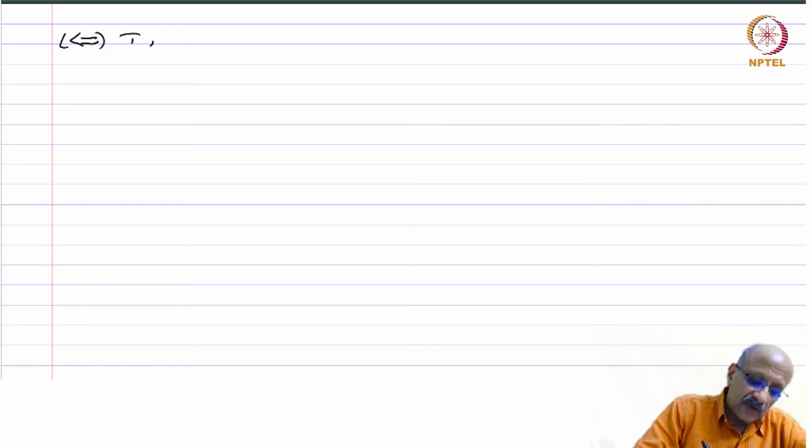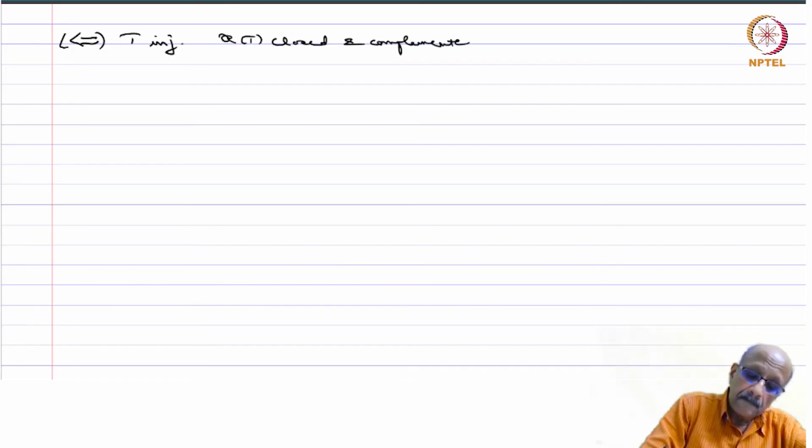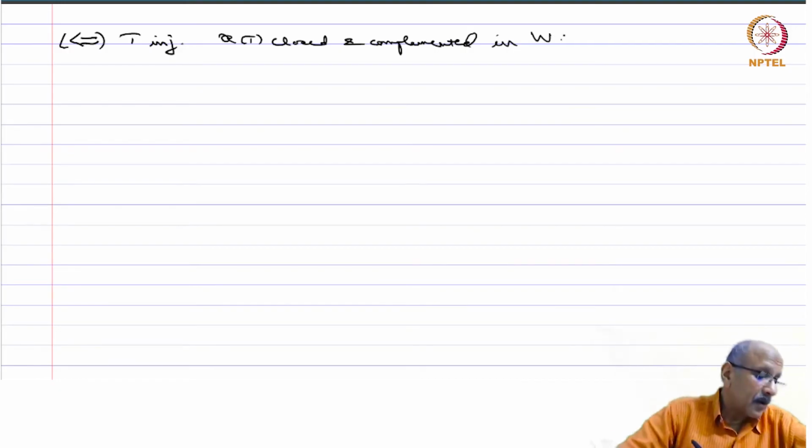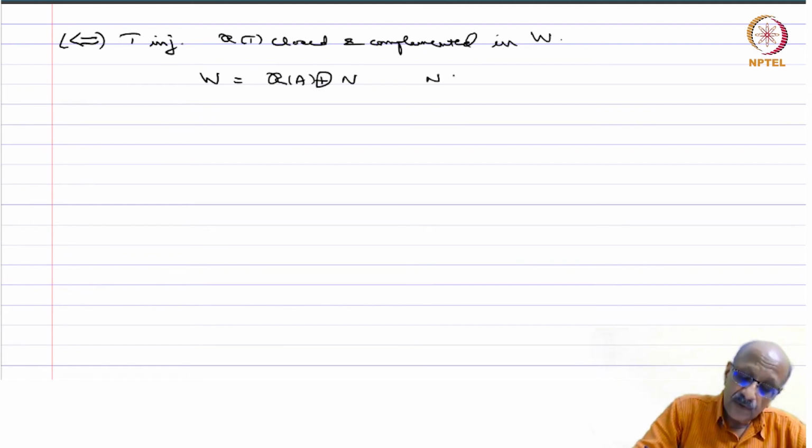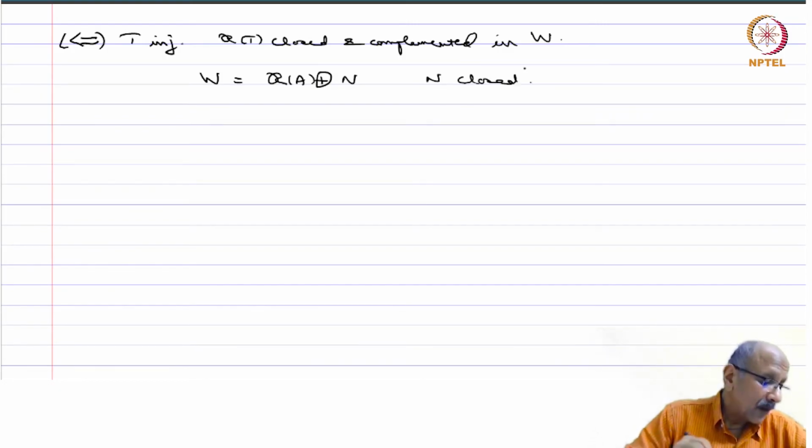So T is injective and the range of T is closed and complemented. So you can take W to be the range of T direct sum N, both closed.